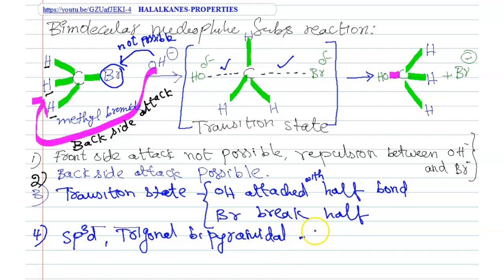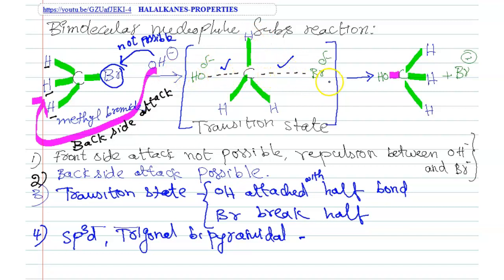This transition state is our imagination. Imagination means it will not form. Maybe this mechanism is possible in this way. So we cannot consider this as separate steps, we cannot consider the total reaction as two steps. Only one step, okay? Because the transition state is highly unstable, we cannot separate it.